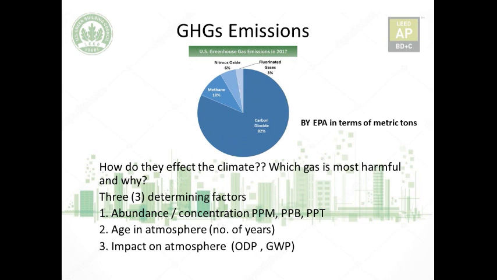Abundance or concentration in terms of parts per million, parts per billion, sometimes parts per trillion; their age in the atmosphere, how long they can stay in the atmosphere without decomposing; and their impact on the atmosphere, which is checked by their ODP and GWP. We're going to see now what they stand for and how they affect the climate.